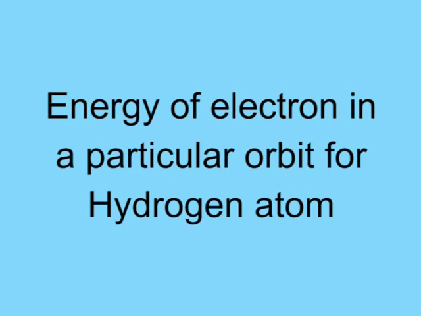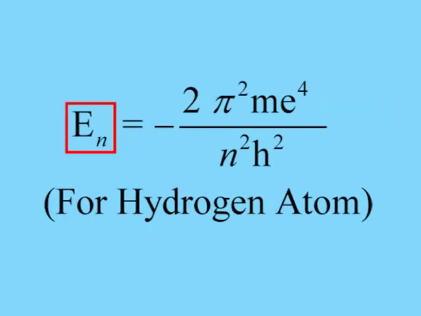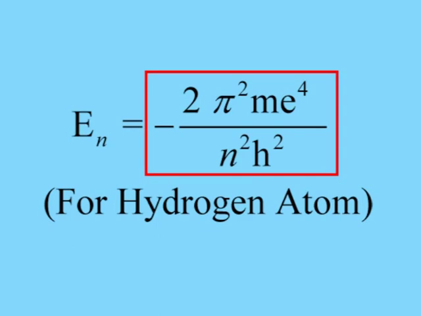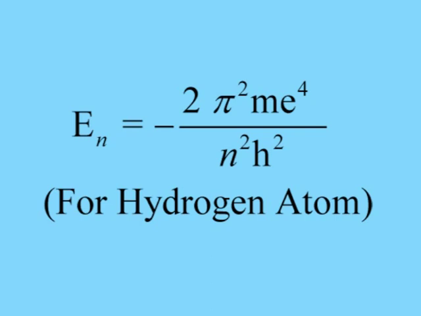Energy of electron in a particular orbit of hydrogen atom can be calculated by using following formula. En is equal to minus 2 pi square me raised to power 4 upon n square h square for hydrogen atom.